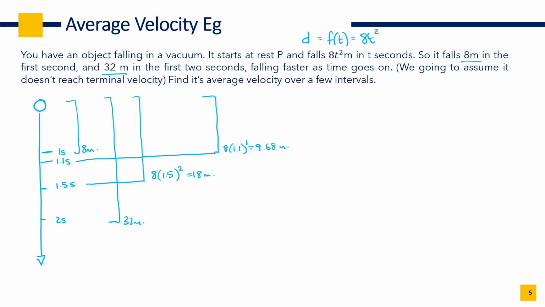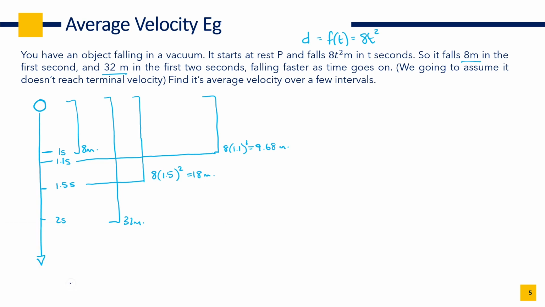So we have a couple of measurements here. We're going to work out the average velocity between 2 and 1, between 1.5 and 1, and between 1.1 and 1, just so you can see the differences. And obviously, the smaller the interval, the more accurate it is for all the points in that interval.